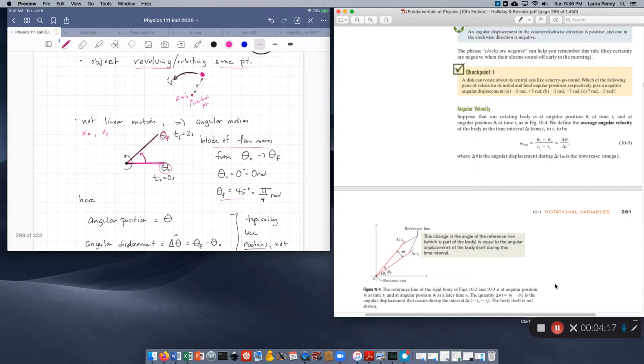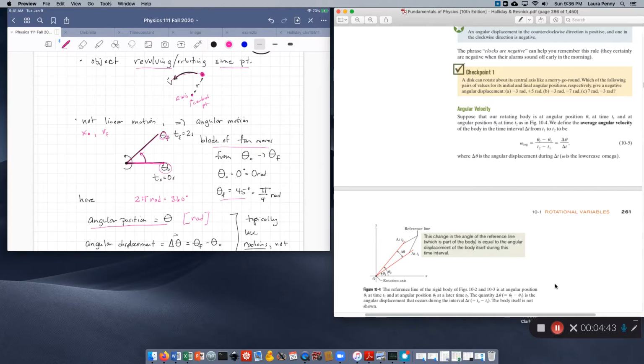So this is called angular position. And it is usually written in units of radians. So it can be a decimal, but radians are the pi things, right? And if you have something in degrees and you want it in radians, remember that 2 pi radians equals 360 degrees.